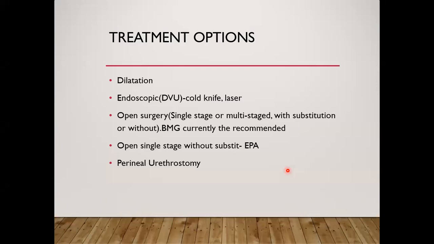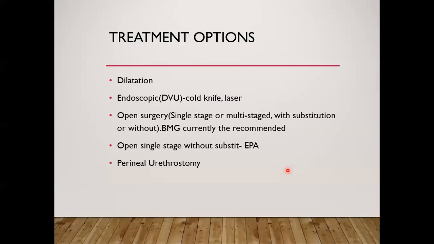If you have strictures that are longer than 2 centimeters, then you may want to do single stage with substitution. For example, if you have an incomplete stricture that is maybe 4 centimeters, then you may want to do single stage with substitution. And if a stricture is longer than 4 centimeters, maybe 8 centimeters, then there is no way you will harvest tissue to do it in single stage.